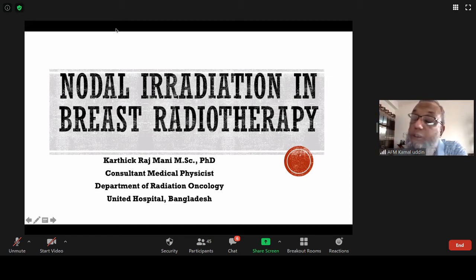And regarding the residual node, let me make it very clear that once we know this is my target, then we need to know which level we are going to treat. Is it level 1, 2, 3, 4, or IM? That will guide us on the basis of the number of positive nodes, tumor biology, tumor size, age of the patient, everything.